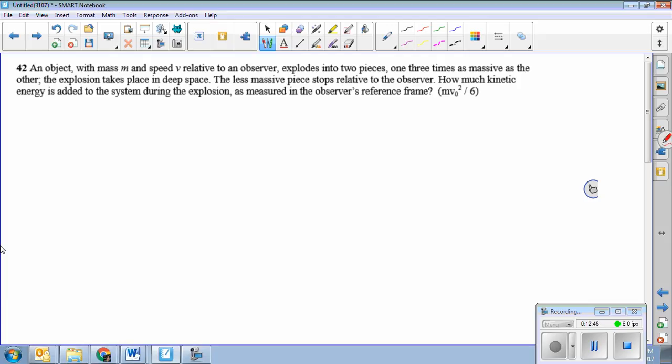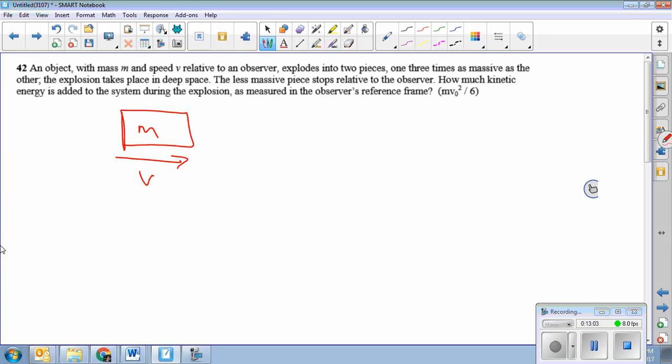It says an object with mass m and speed v relative to an observer explodes into two pieces. So you've got this block with a mass m and a velocity v, and it suddenly explodes into two pieces.